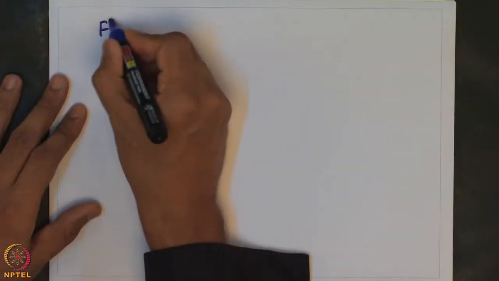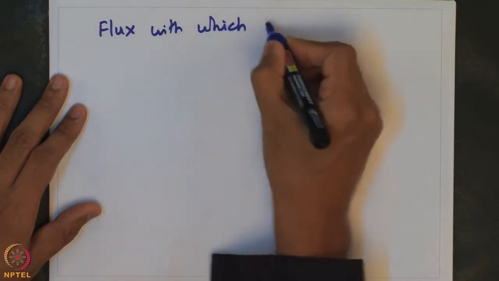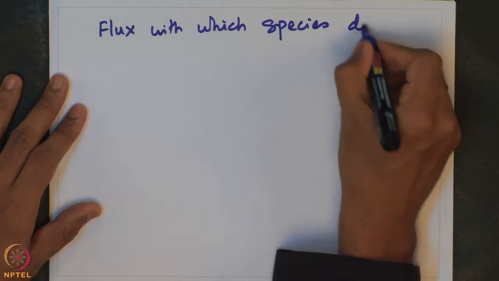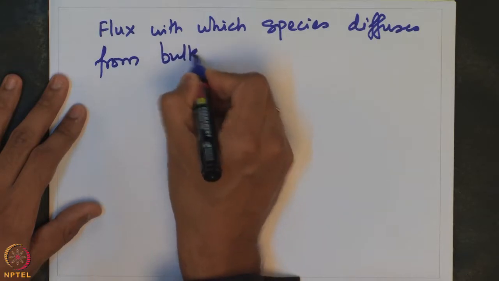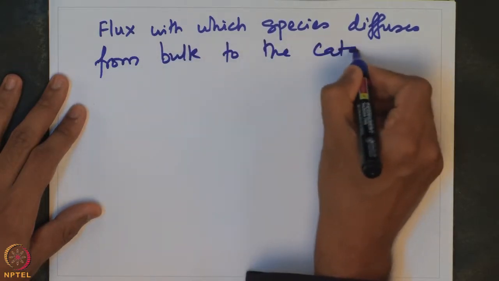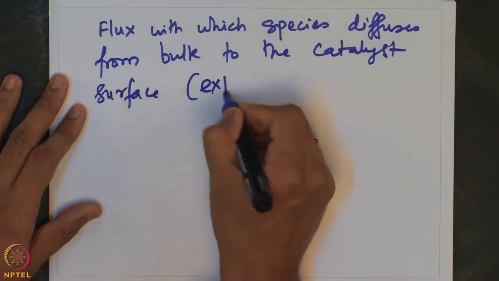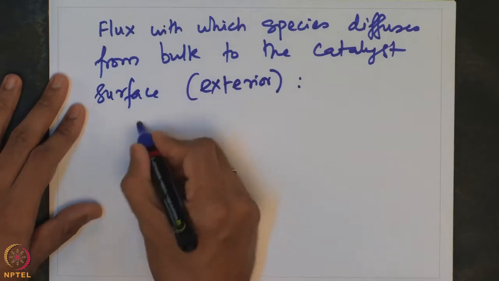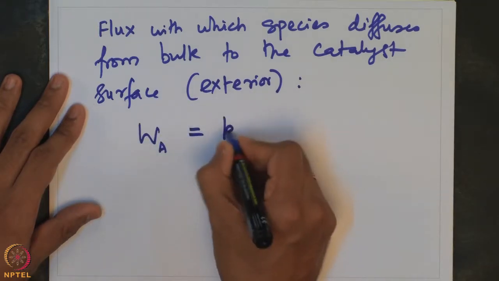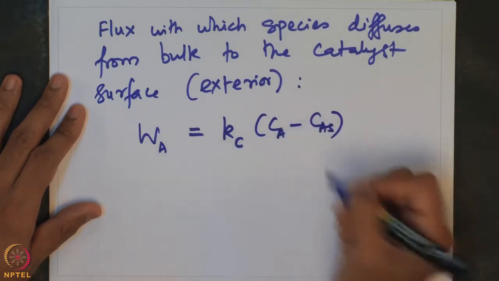So, now the flux with which the species diffuses from the bulk to the catalyst surface, that is the exterior surface, is given by WA equal to some mass transport coefficient Kc multiplied by CA minus CAS.